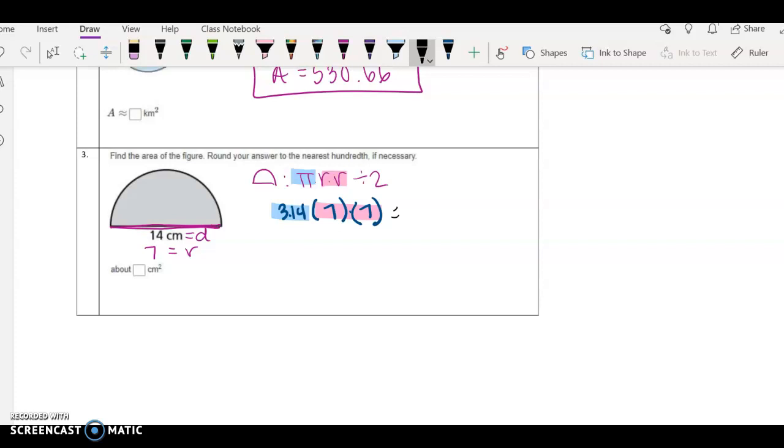And when I do, I get, and I forgot my last step. And then I need to divide by 2 because it's a half circle. I even wrote that above. And when I plug all of that into my calculator, I get 76 and 93/100. Struggling today.